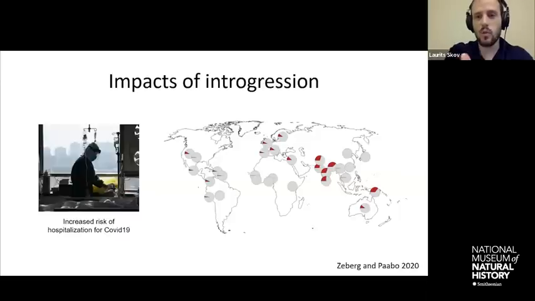And I'm showing you a world map here with how common this gene is. So the red little dots in the pie diagrams are how common it is. So it can go all the way to 100%. So it's very common in South Asia and Papua New Guinea, intermediate in Europe, and very rare in Africa.